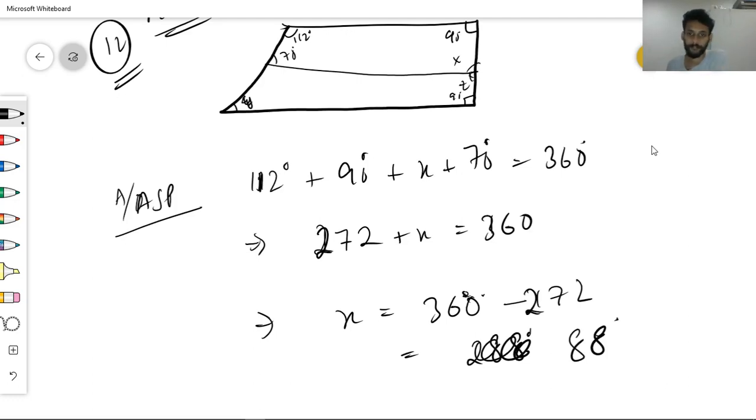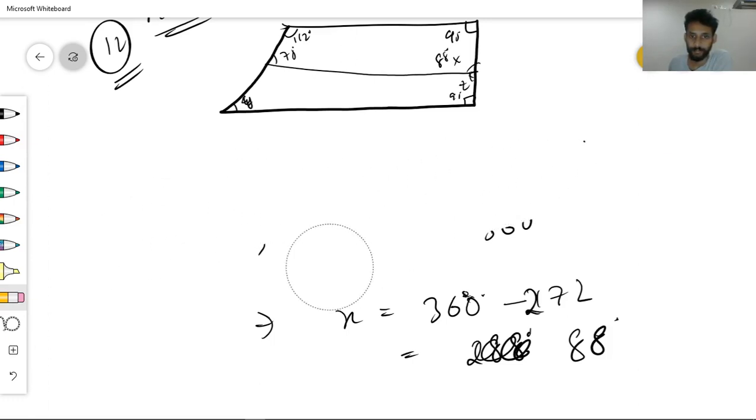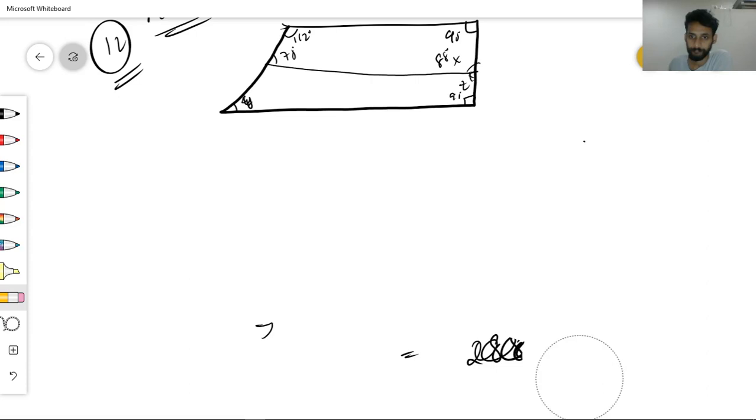Okay, so we got this value: the value of X is equal to 88 degree.